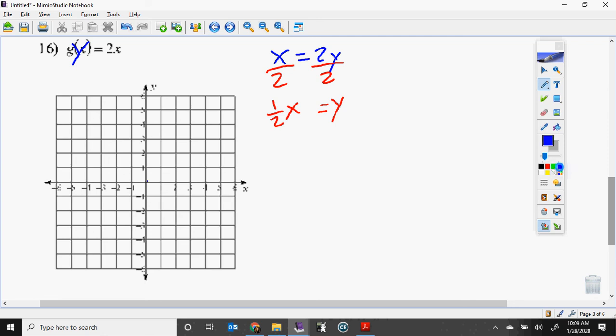If I graph it, they both have a y-intercept of 0. And this one has a slope of 2. Over 1, up 2, over 1, up 2. So we'll try to draw a straight line through those points.